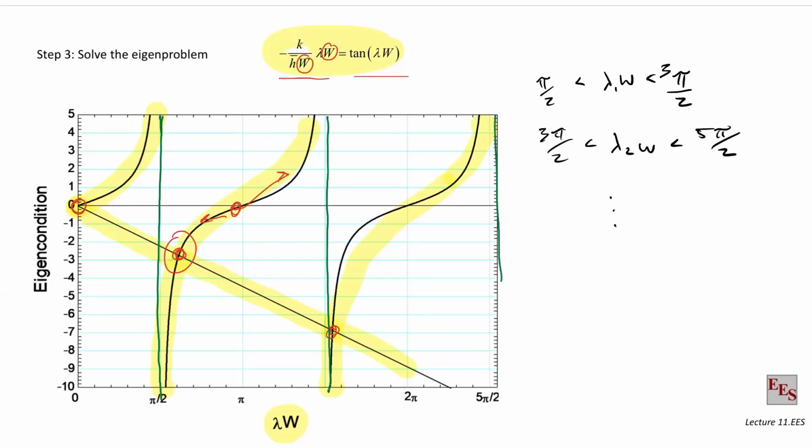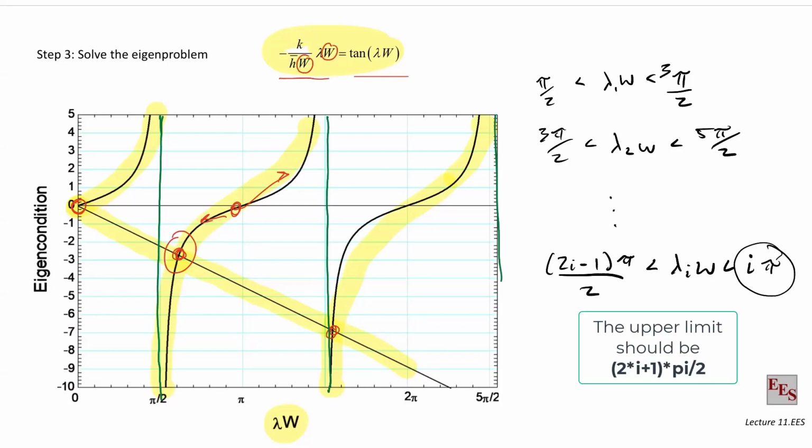Okay, one last thing before I do that. Let's write out the rolling window. It's going to be 2i minus 1 times pi over 2 that has to be less than lambda i times w, and then that has to be less than... oops, I think this is wrong.